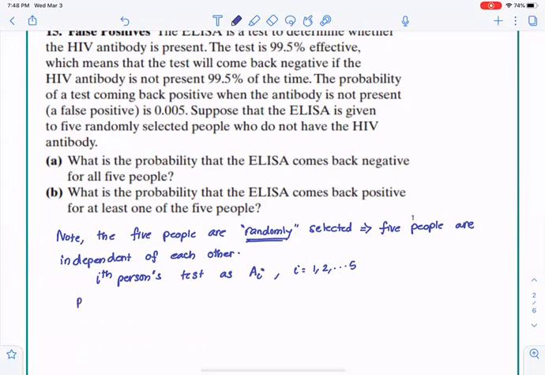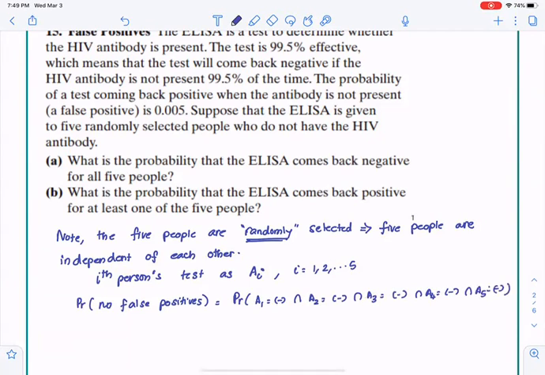In other words, we're going to find the probability that there are no false positives. So the first person tests negative, and the second person tests negative, and the third, and the fourth, and the fifth tests negative. All 5 of them test negative.